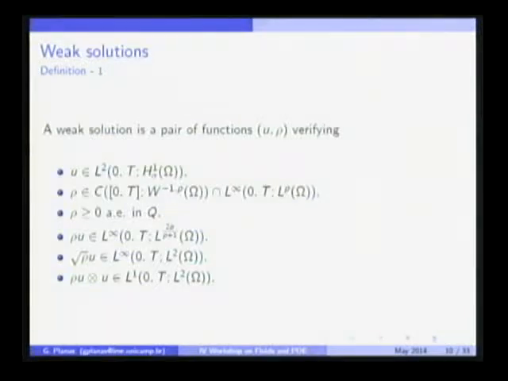The natural space for the density, which could be 0: we don't have information, for instance, as usual in L infinity L2 for the fluid velocity. We have information about the product, because we don't have a bound from below for the density. So we have information about rho times u, root square of rho times u, and rho u.